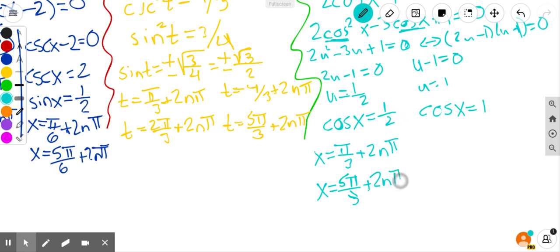Generalizing it because I didn't have a specific interval that I'm looking for answers for. So there's that. And if I think about where cosine of x will equal 1, well, at x equals 0 plus 2n pi. However, this one is a special case because there's only one solution and it's 0.